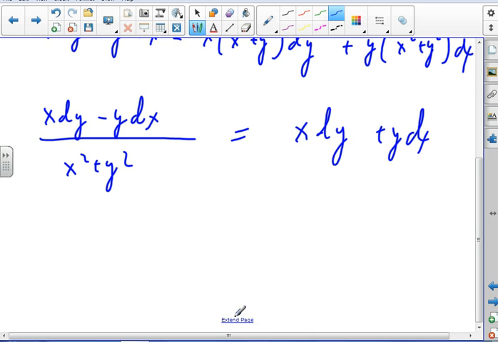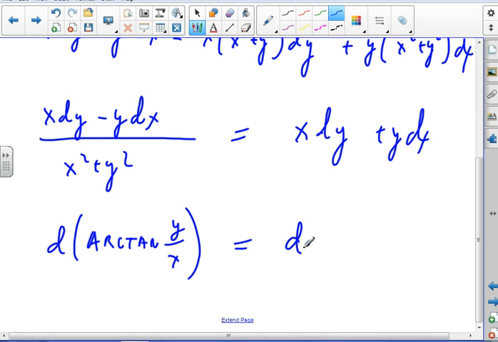And I come back and I see that this guy is the arctangent of y over x. So this is the derivative of arctangent y over x is equal to, and this guy is the derivative of what? Of xy. All right, so now I integrate both sides of the equation.